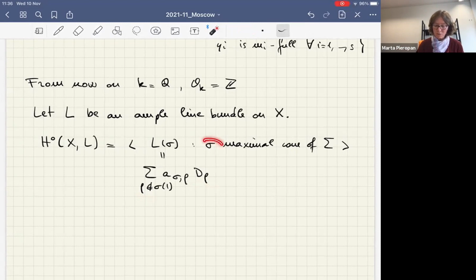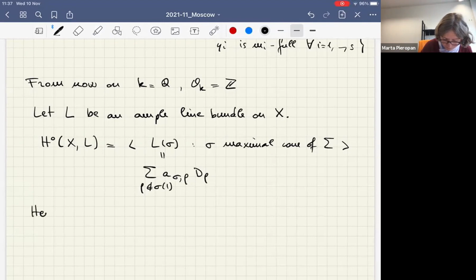Each maximal cone gives a different basis of the Picard group. And this is true because X is a smooth toric variety. So this L_sigma is the unique representation of L in this basis. And all together, they give me some data, their coefficients, which I'm going to use to define my height.